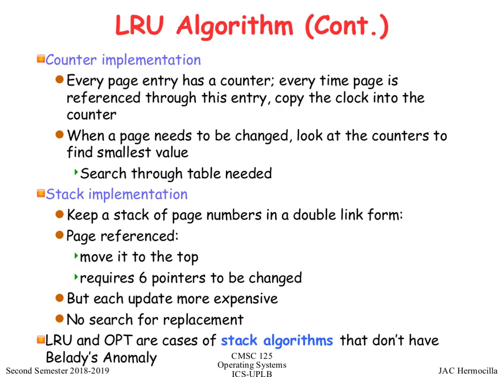So that's one. So LRU and OPT are cases of what they call stack algorithms that don't have Belady's anomaly. So again, there are two implementations for LRU. You have the counter implementation requiring hardware support, and the stack implementation using data structures, a stack and a doubly linked list implementation.